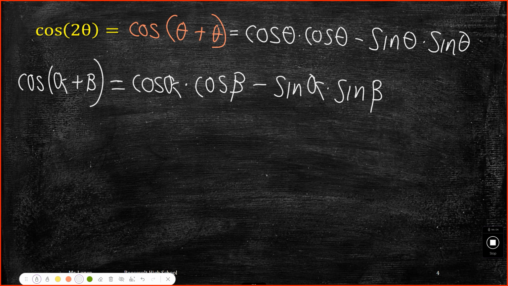What's cosine theta times cosine theta? Cosine squared theta. Cosine times cosine is cosine squared theta. Minus what? Sine squared theta. That is one identity. Cosine 2 theta is equal to cosine squared theta minus sine squared theta.